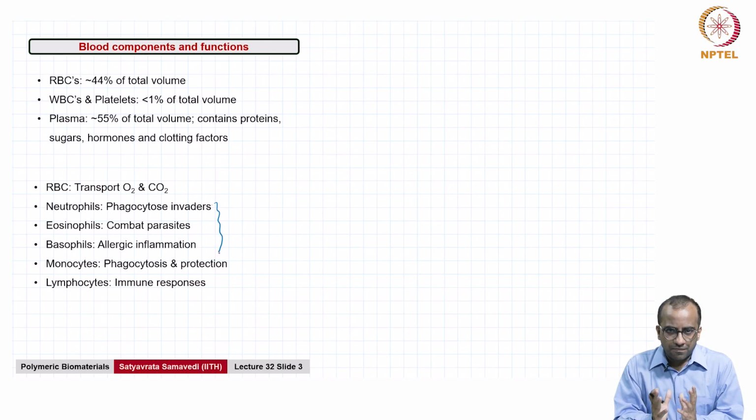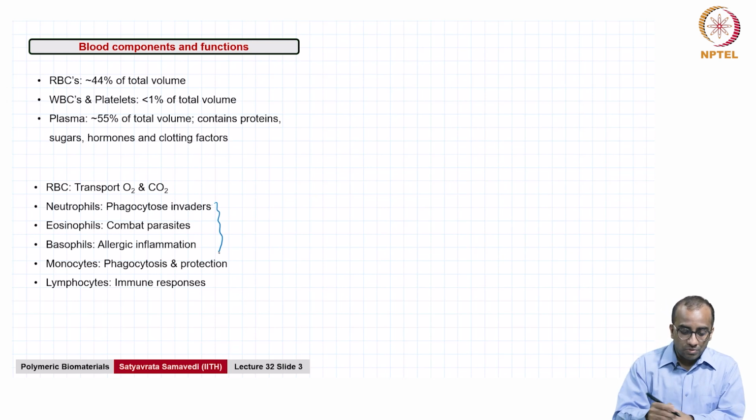They are a part of the WBC system. They are a type of white blood cell, and they do multiple functions. For example, neutrophils typically will guard against invaders and phagocytose them. That is one of their primary functions. Eosinophils will combat parasites or parasitic attacks. Basophils are more involved in mast responses, allergic inflammation and so on.